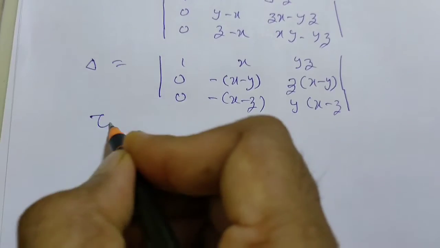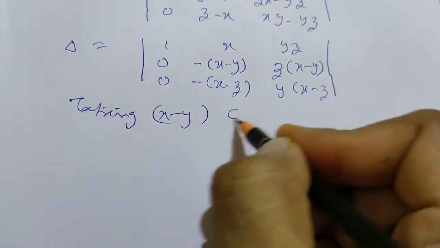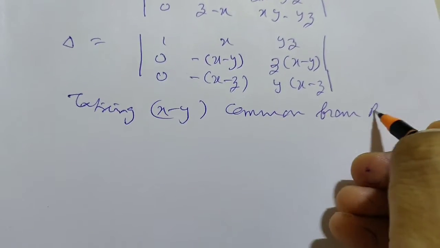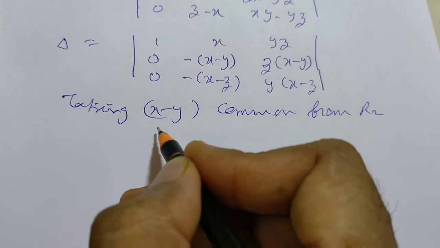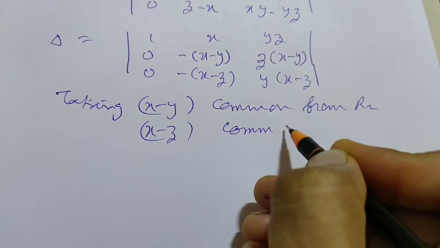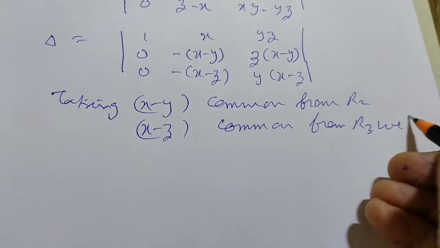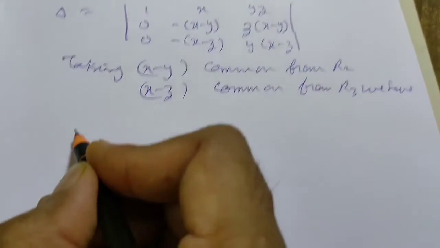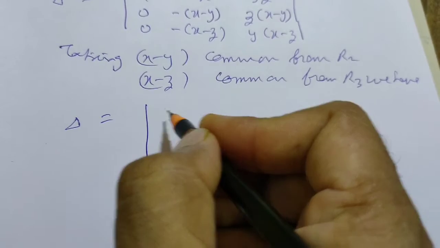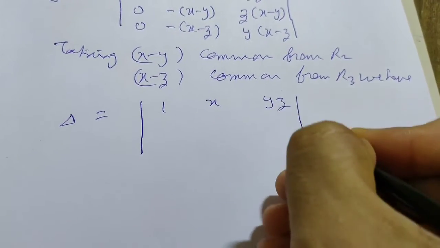So therefore, taking x minus y common from R2 and x minus z common from R3, we have delta equal to 1, x, yz.